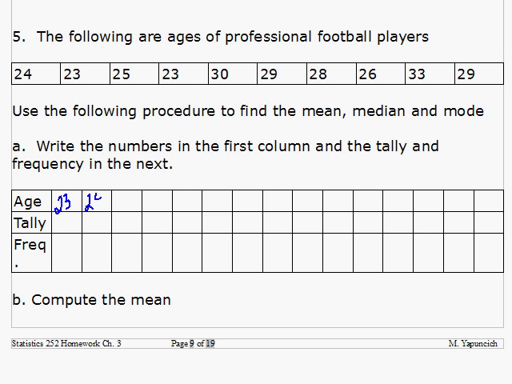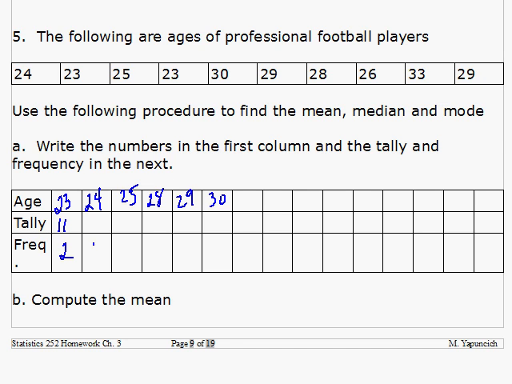So it'd be 23, 24, 25. Looks like we've got a 28, 29, and a 30. That's what's shown up here. And then put some tally marks for how many you have. In this case, of course, it's trivial to do it in this example. You have 2 of these, so you have a frequency of 2.